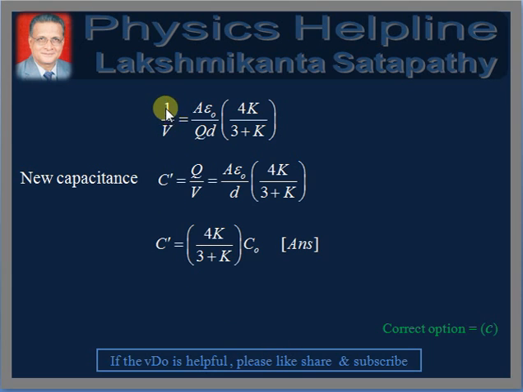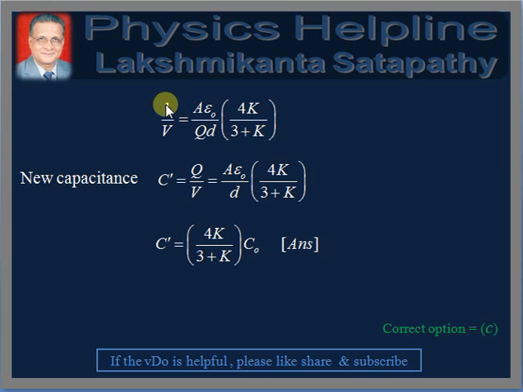This gives the reciprocal: 1 by V is equal to A epsilon 0 divided by QD into 4K divided by 3 plus K. Now the new capacitance is given by C dash is equal to Q by V, because Q remains unchanged, the same charge remains on the capacitor, and V is its potential difference. So 1 by V we already know.